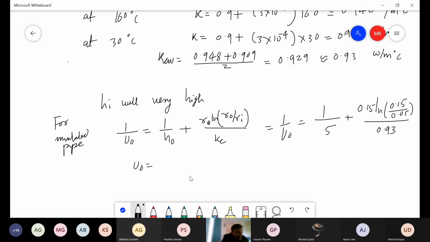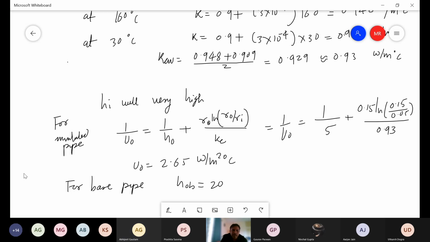So what is the value of U naught? 2.65. For the bare pipe, we will have just H naught B, and H naught B is given as 20, so that will be as it is.